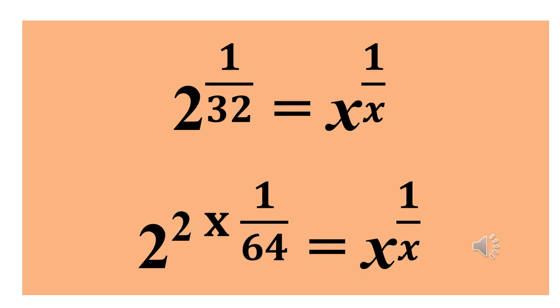So the next thing we do is look at the exponent of 2, which is 1 over 32. We want to break it down further so that we can have equivalent values at both sides of the equal sign. So if we multiply the base 2 by exponent 2 and the exponent by 1 over 64, we have 2 raised to power 2 times 1 over 64 equals x raised to power 1 over x.